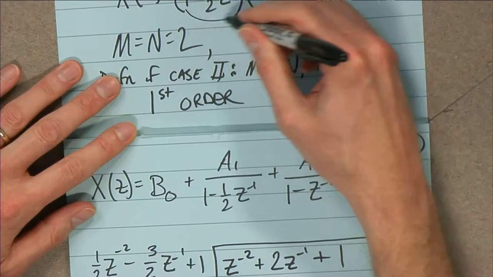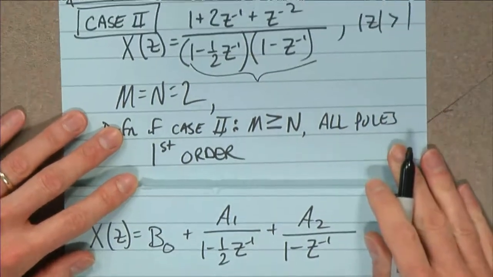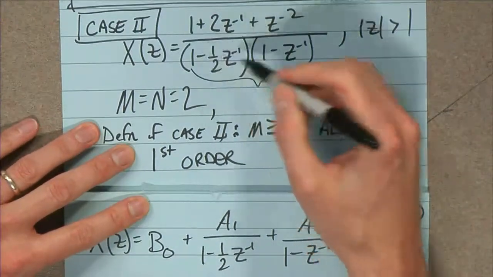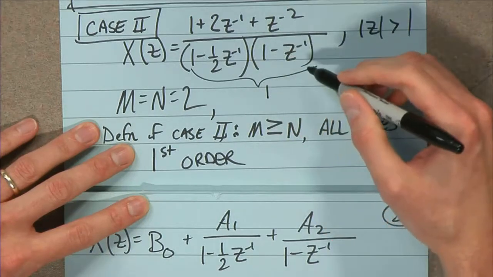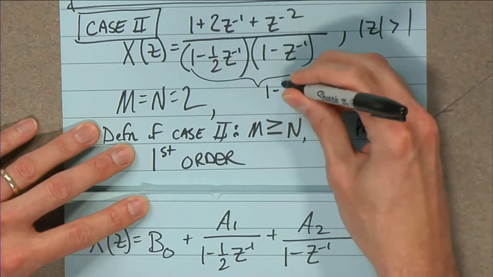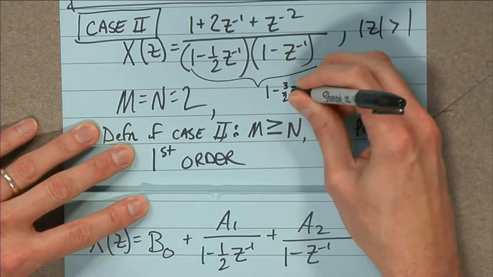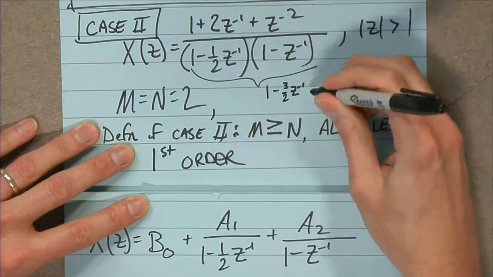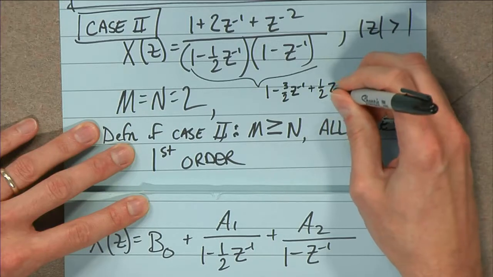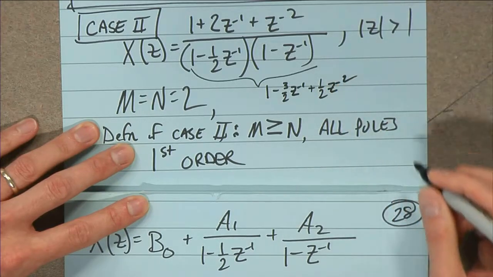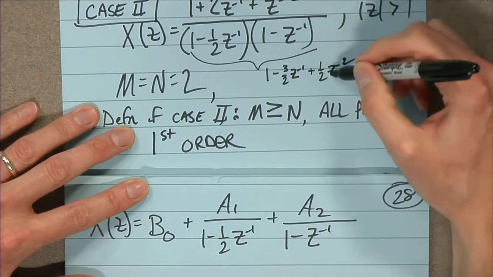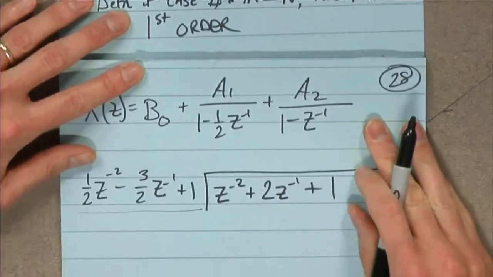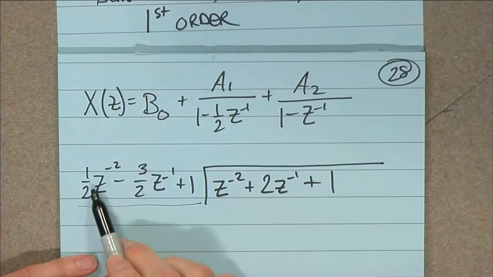So if we were to multiply these guys together in the denominator, 1 times 1 is 1, minus 1/2 z inverse minus another z inverse gives you what? Minus 3/2 z inverse. Multiply this is plus 1/2 z to the minus 2. And so this polynomial over this polynomial. So we're just going to crank through it, this one over this one.